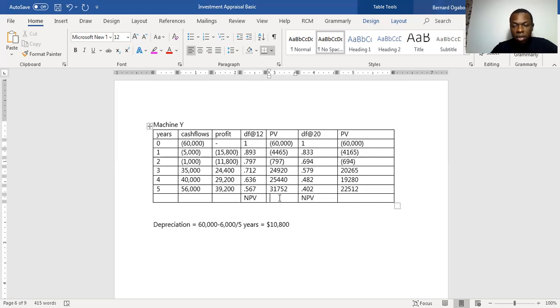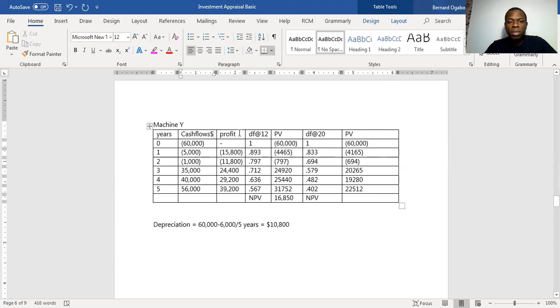That is 16,850 positive. This is measured in dollar terms.